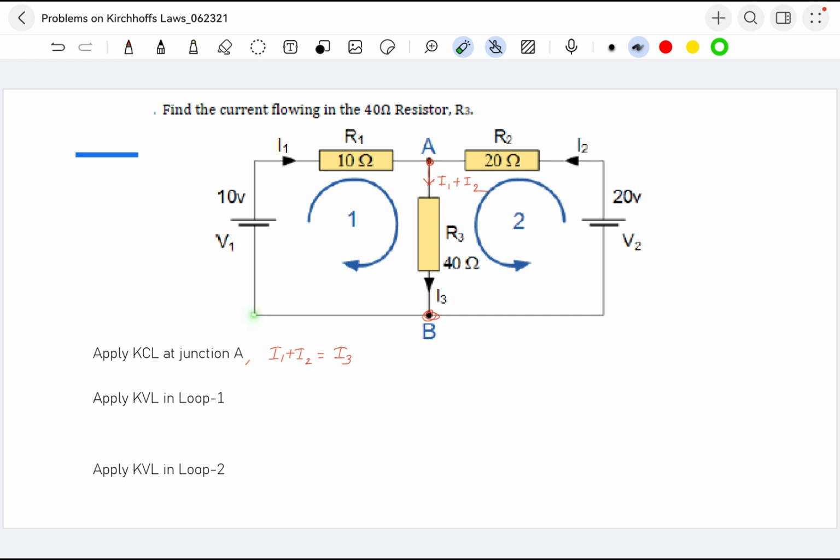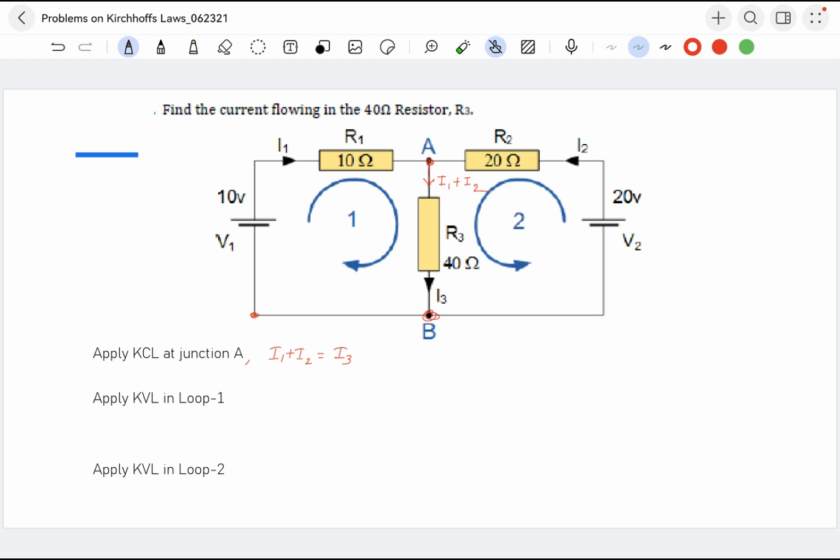I am taking the starting point here and I decided to solve this problem first like this, then like this, then in this direction, then come back to the same point, in the clockwise direction. My starting point is this one.